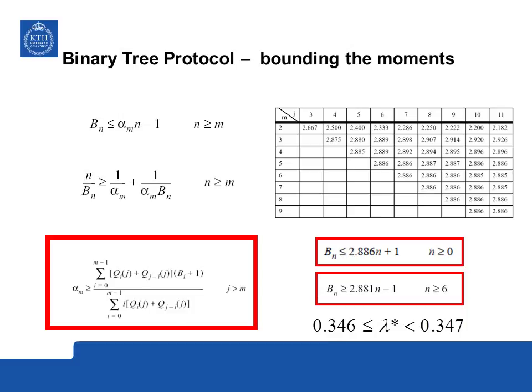And we can show that for this system, the system will be stable for lambdas that are in the range of 0.346 to 0.347.